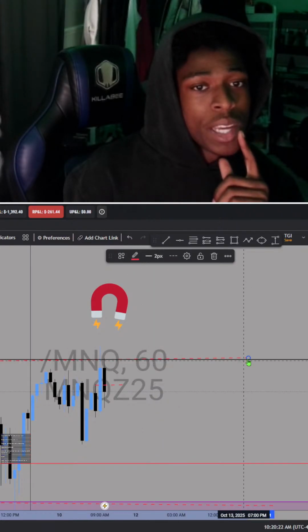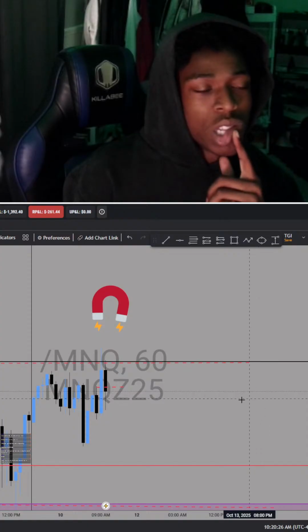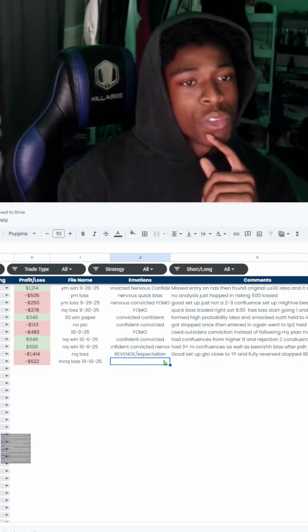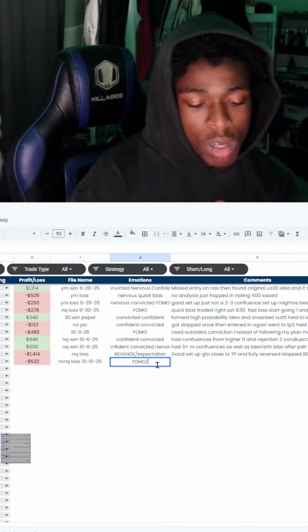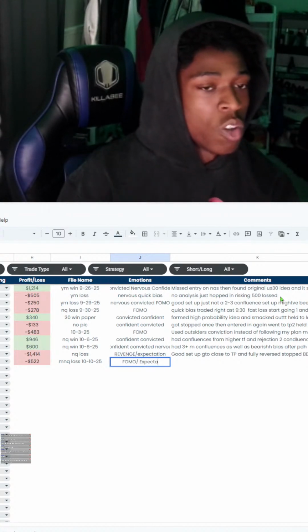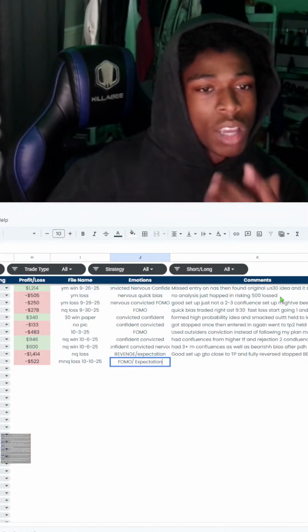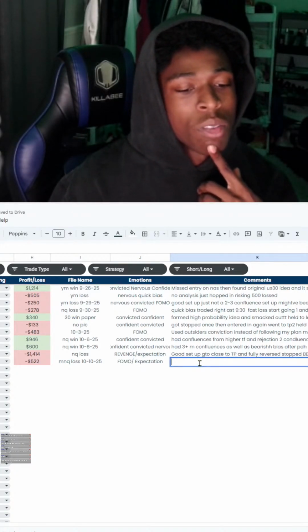I wouldn't be surprised if NAS continued lower for the rest of the day. So yeah, FOMO for sure, and then maybe expectation as well, because I wanted to make up the losses. Honestly, everybody wants to make up losses. If you lose, you definitely want to make up the loss.